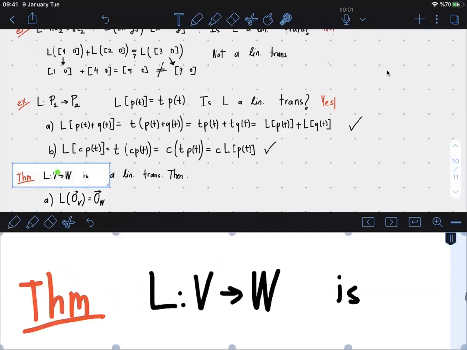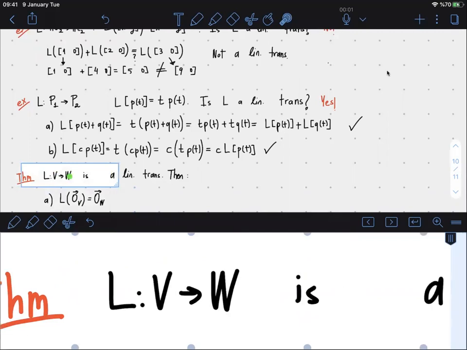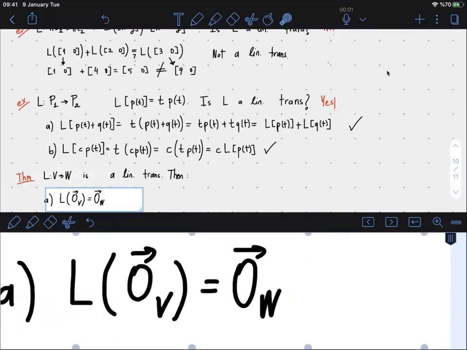If V is the space of matrices, this is a zero matrix, and if W is a vector space of polynomials, then this is the zero polynomial. So they can be different things, but this must hold for a linear transformation.